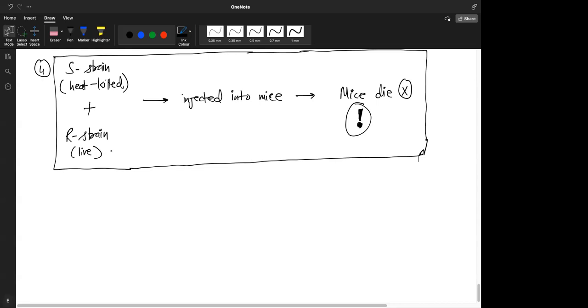The R strain was alive. Something from the S strain transferred to the R strain and transformed the R strain into S strain. So if you are another scientist who wants me to prove it, what will you suggest? Do this and prove it to me. Nothing? You can suggest nothing? So you will believe my word.